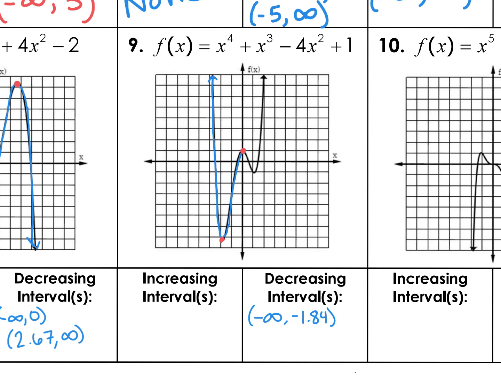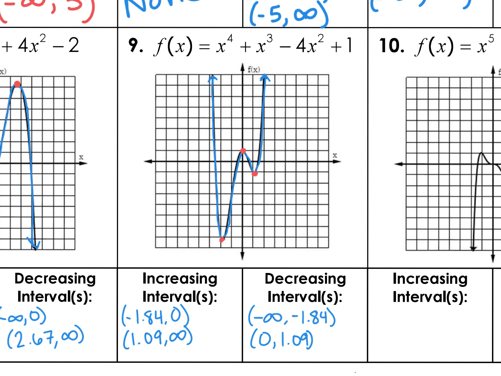So that means I'm increasing between negative 1.84 and it looks like that's the x value 0. After that, decreasing again for just a little bit. Then I have another point here. So this decreasing interval begins at 0 and it goes to, okay, that x value is about 1.09. And then from there, I go up, increasing for the rest of the graph. So I start at 1.09 and I go to infinity.